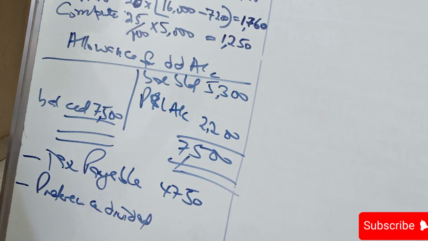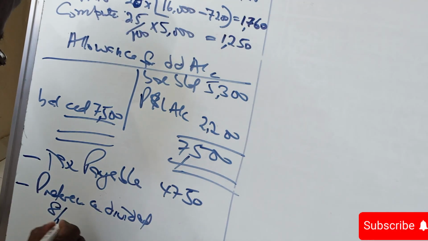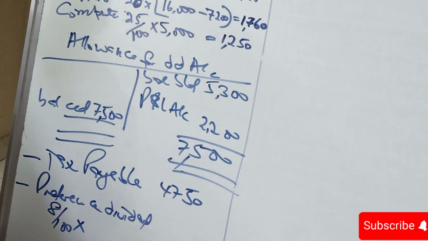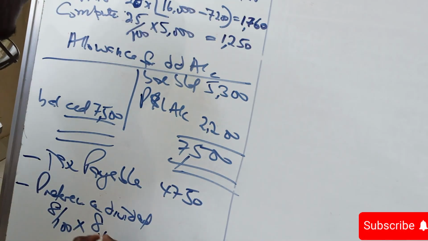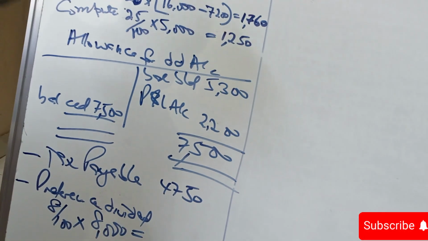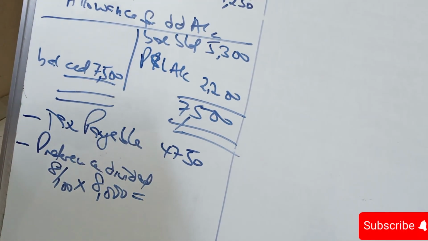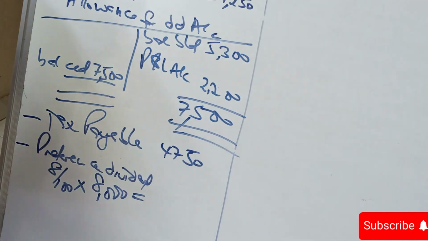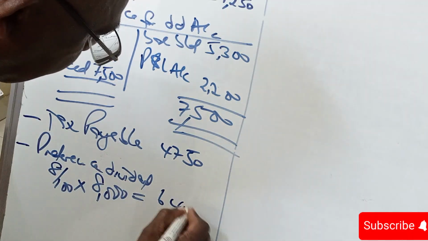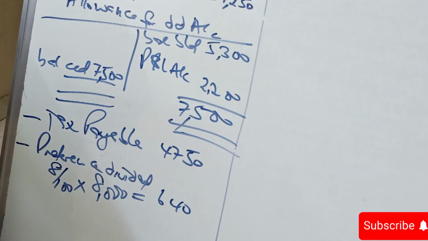The preference dividend rate is 8%, so it is 8% times 8,000, which is 0.08 times 8,000. We get 640. Then, how much have we paid?